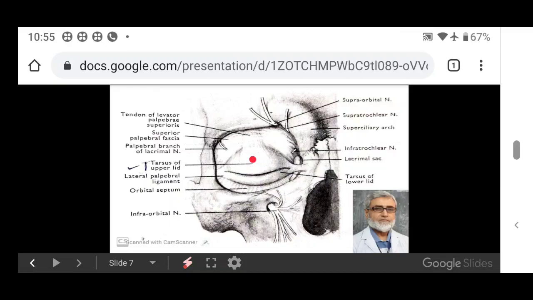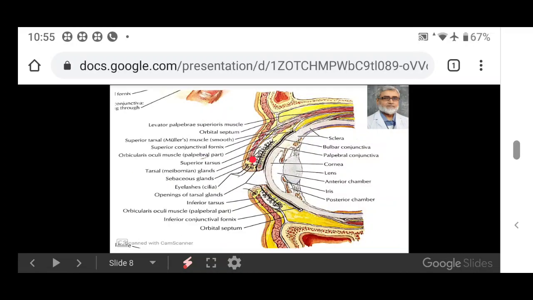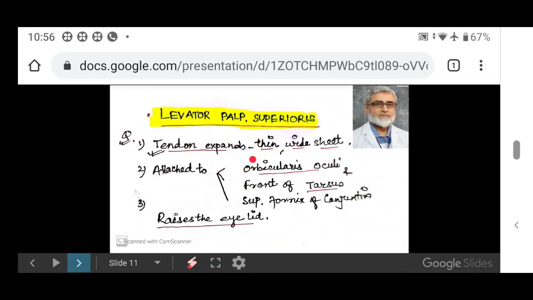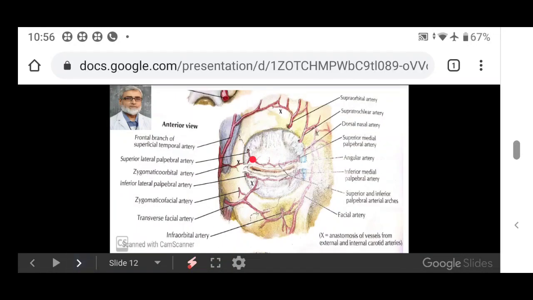The superior tarsus is much larger, whereas the inferior tarsus is narrow. It's a narrow strip attached to the inferior orbital margin by palpebral fascia.